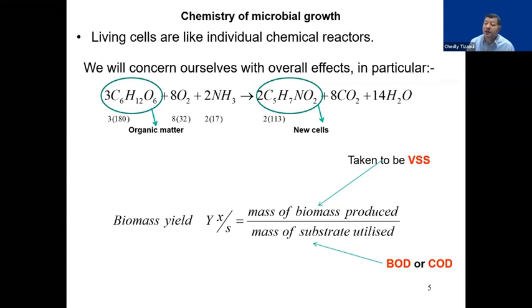Second, when we talk about substrate, we know that the composition of the wastewater is extremely complex, and therefore we can't measure the composition of the wastewater for every single substance in that wastewater. So we need to use another surrogate to measure the content of the organic matter or substrates in the wastewater. And we talked about this before, and that surrogate involves using the BOD or COD.